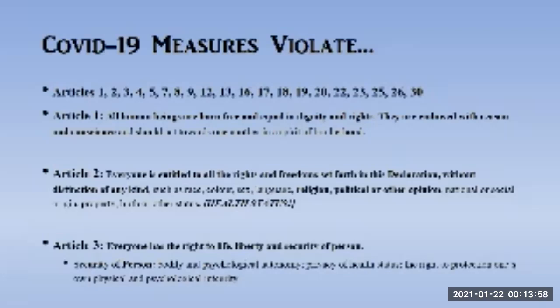So why are the COVID-19 measures in violation of this? For multiple reasons, but one, they're in violation of your human rights and they are giving certain rights to certain people and taking them away from others, such as the freedom of movement to be able to go where you want to go, to leave your country, to come back to your country, the arbitrary interference in your family life, in your privacy, the security of the person, and so on. So there are rights that are being violated for some and not for others.